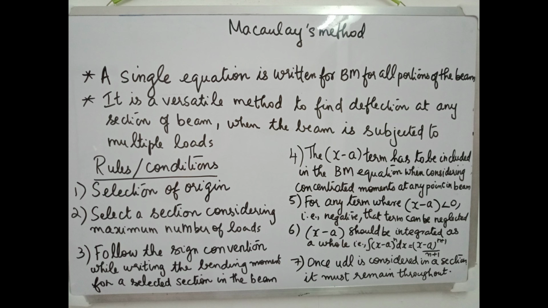And in the fifth condition, it says that any term where x minus a is less than 0 or negative, that term can be completely neglected. The sixth point says how to integrate the x minus a term. It should be integrated as a whole and not separately. The final point is about UDL. Once a UDL is considered in a section, it must remain throughout. To make it possible, we use dummy UDLs.